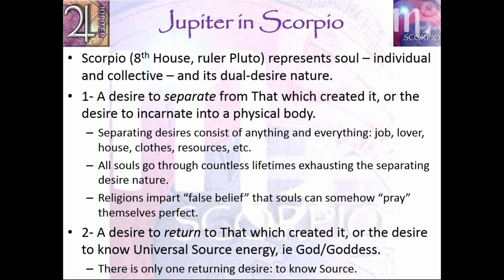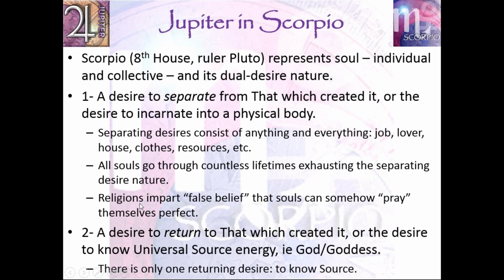And as time goes by, we have the desire, we create it, we exhaust it, we replace it with another desire, create it, exhaust it. And eventually it starts to become that, been there, done that. Isn't there something else to all of this?